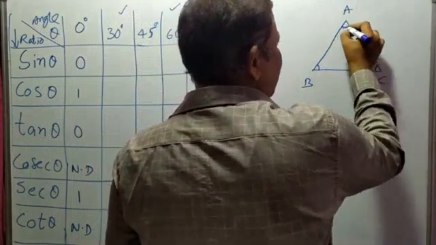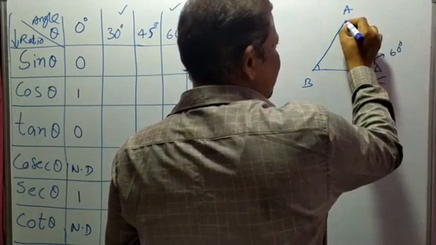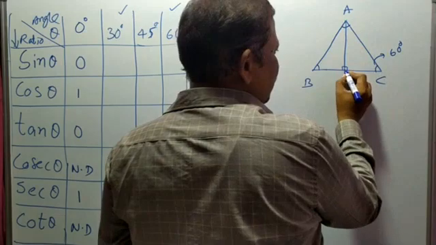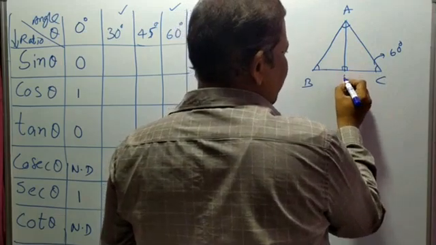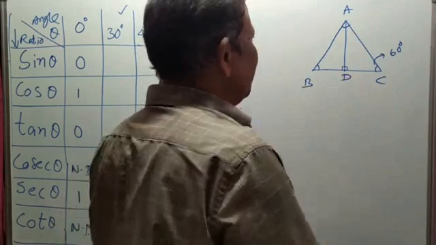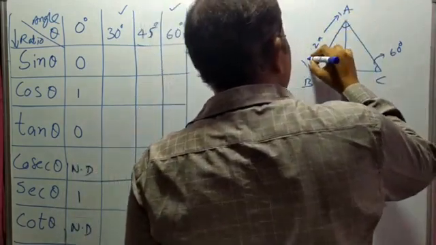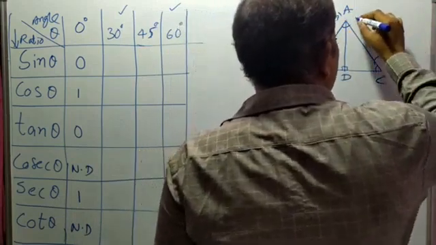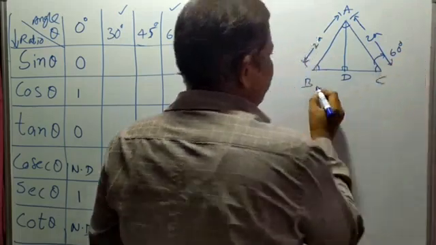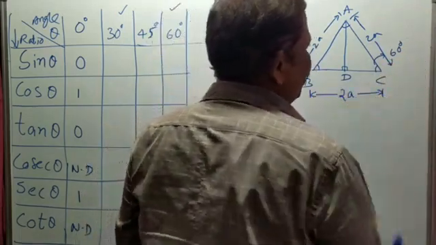If you draw a perpendicular, it bisects the opposite side at D. Suppose the length of each side is 2a. All sides have length 2a.